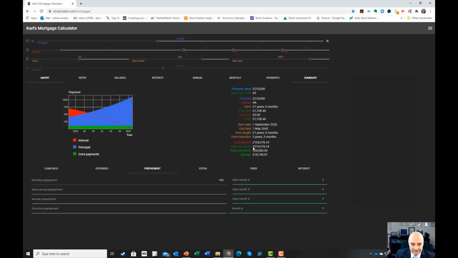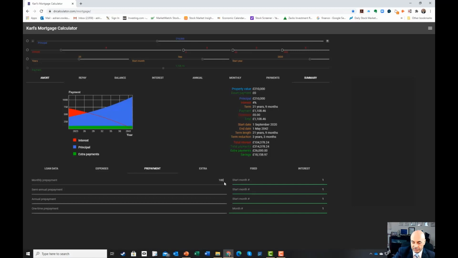You're going to save 18,000 knocked off of your interest payments because you're adding £100 a month towards your monthly payment. And notice here what it does to your term. It brings your term down to 21 years and 9 months. Remember, it was a 25-year term. So that's a saving of 3 years and 3 months just for an additional £100 a month.